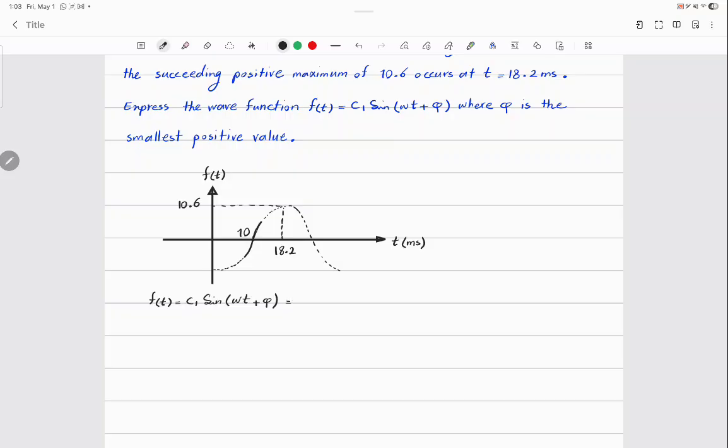Which parameters do I need to determine? C1, omega, and phi. Which one do you know instantly? What is C1? Why? How do you know 10.6 is the amplitude?